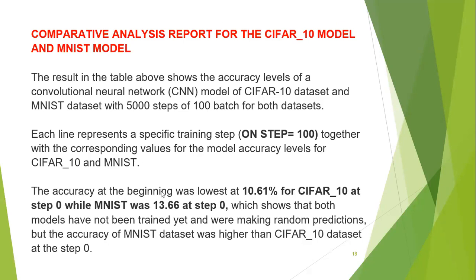The accuracy was about 10.61 for CIFAR at step 0, and it was 13.66 for MNIST, which shows both models have not been trained yet because of the low accuracy at the beginning.